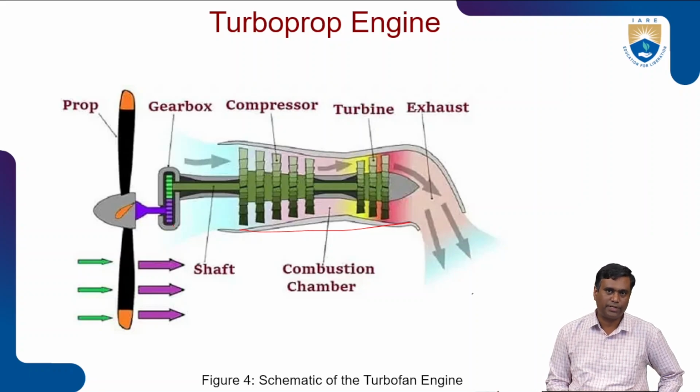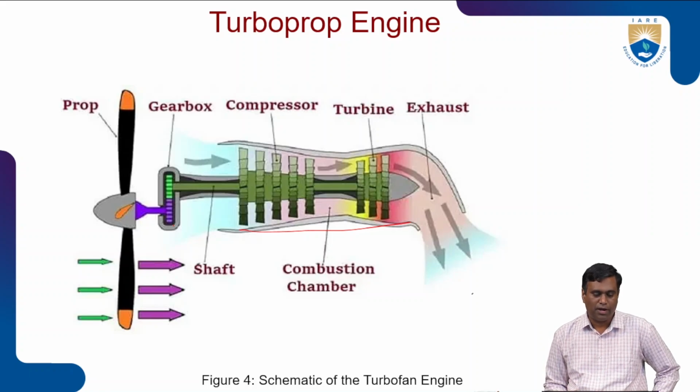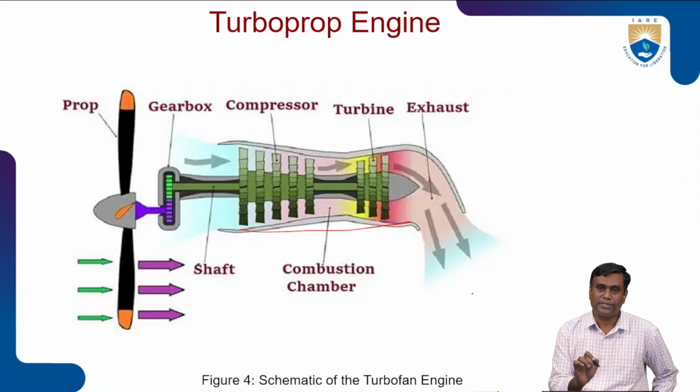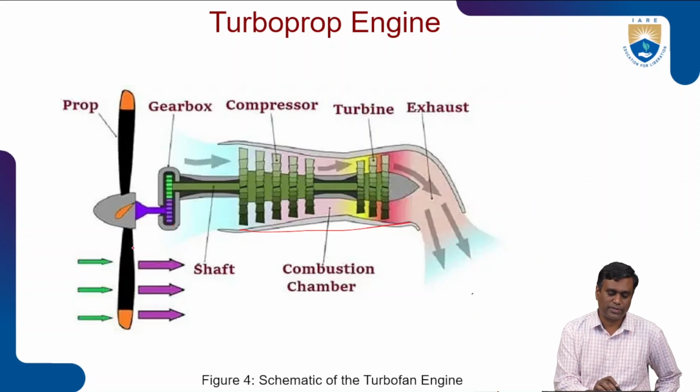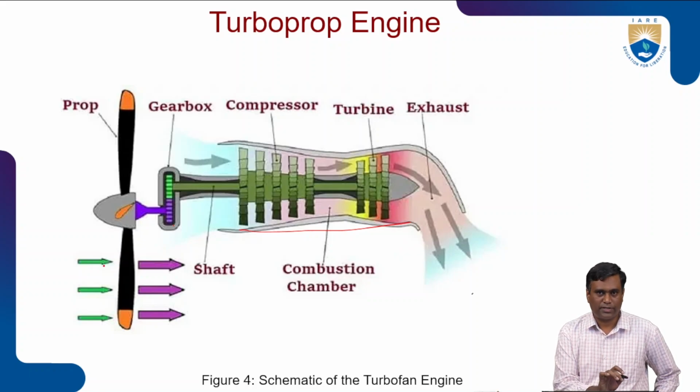The reduction gearbox is compulsory. That is to reduce the RPM and increase the torque. Otherwise, the propeller blades can't sustain the high RPMs at which turbines are rotating. Turbines rotate at very high RPM, and those RPMs we cannot supply directly to the propellers, because propellers are not designed to sustain such high RPM.